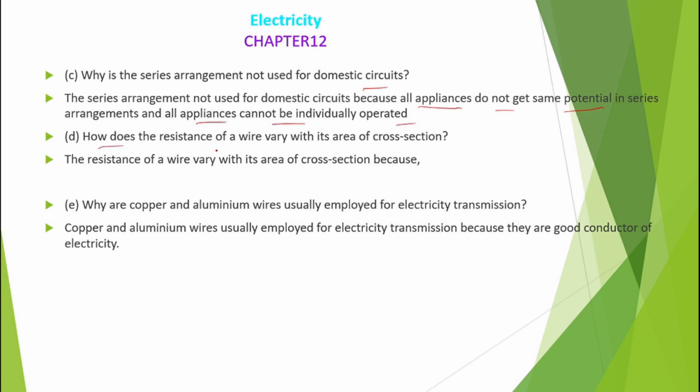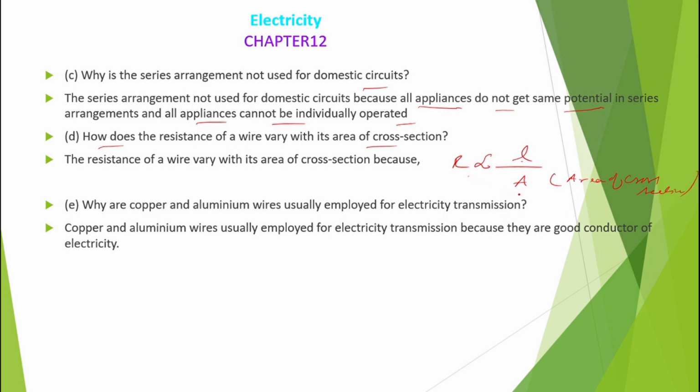Why are series arrangements not used in domestic circuits? Series arrangements are not used in domestic circuits because all appliances do not get the same potential in series arrangements and all appliances cannot be individually operated. How does the resistance of a wire vary with its area of cross section? See the formula: R is directly proportional to L and inversely proportional to A, where A is the area of cross section.